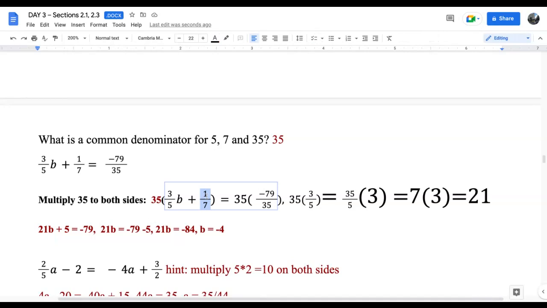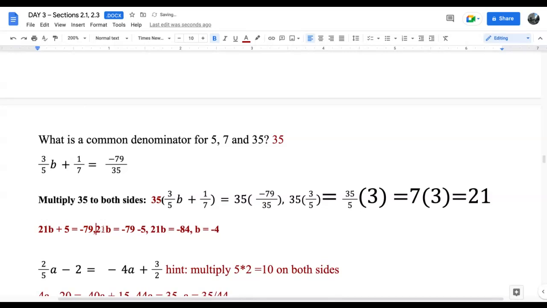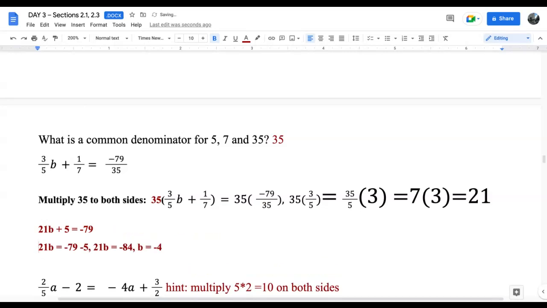Then 35 times 1/7, that's 35 divided by 7, which is 5. Then 35 times -79 over 35, well, 35 over 35 is 1. So that's just -79, right?